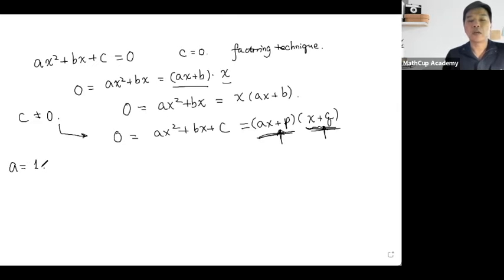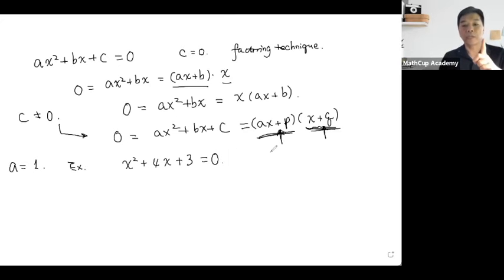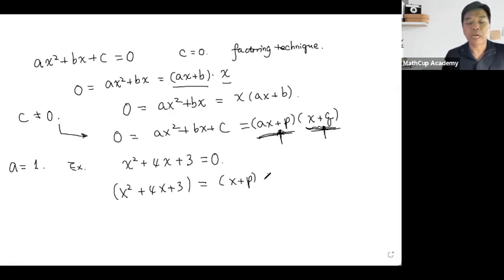Let's look at an example. Example 1: x squared plus 4x plus 3 equals 0. The trick to doing this factoring is something called reverse engineering. Let's assume this is feasible, so x squared plus 4x plus 3 equals (x plus p) times (x plus q).